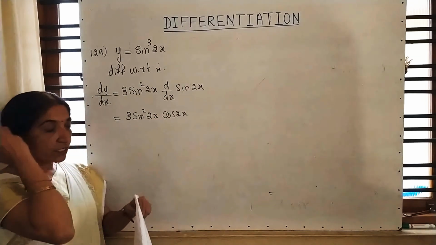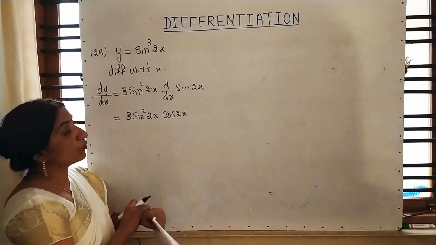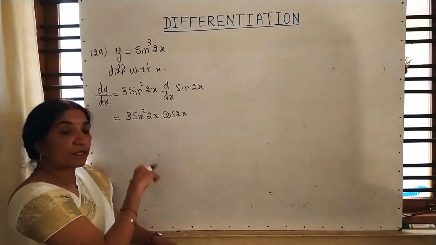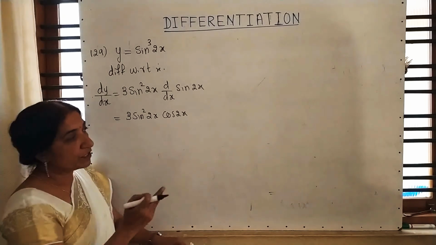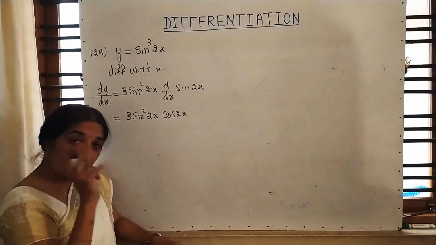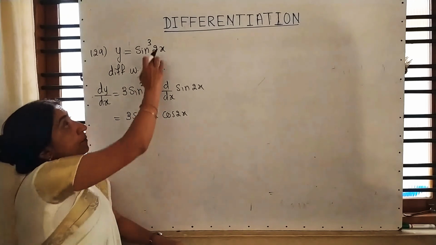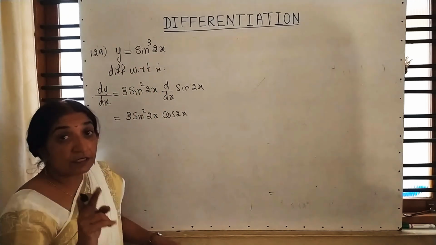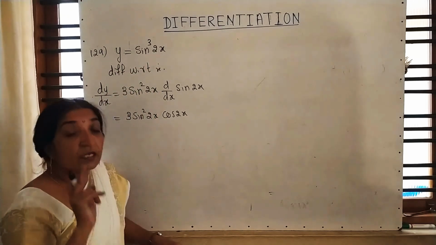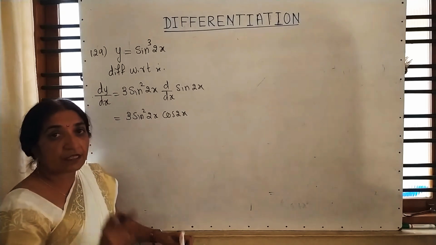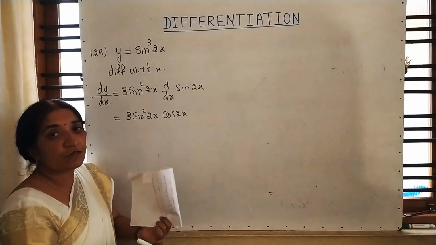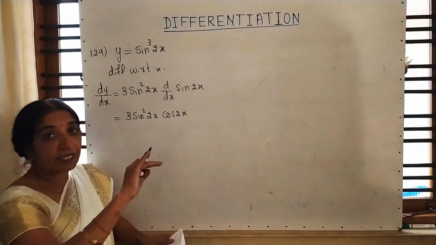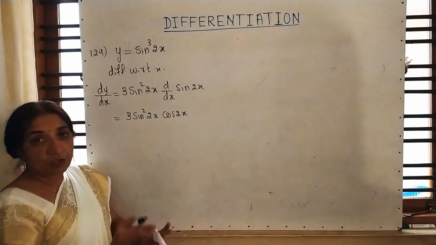And students, here in this example, we are observing one more thing. In all the examples explained previously, the angle is x. Please go back and see. In every question the angle is x. But here the angle is other than x. Note that. That means first differentiate the power. After differentiation of the power, close that power, and you get a base. The base is sin 2x.